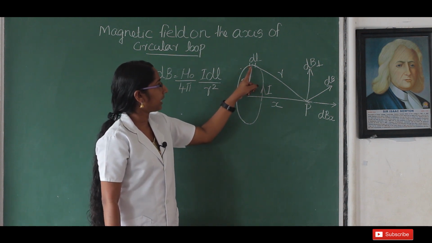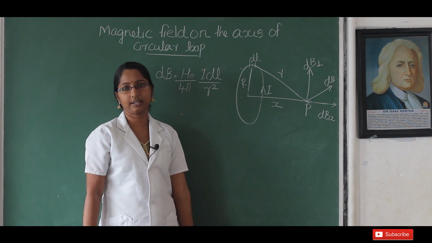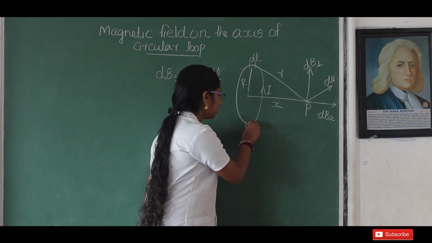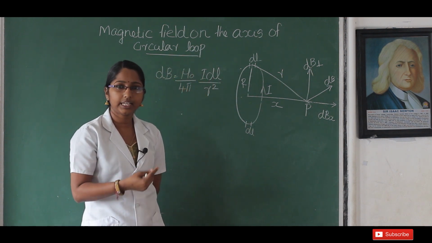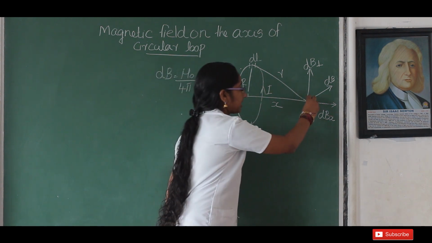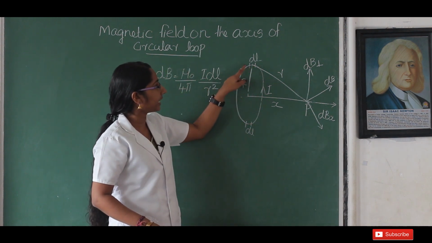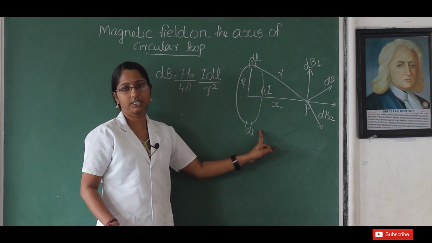Now we have taken the magnetic field due to this small element dl. Suppose we take one more element on the opposite point as dl. Its direction is like this, because here the direction of current is upwards, but here it becomes downwards.